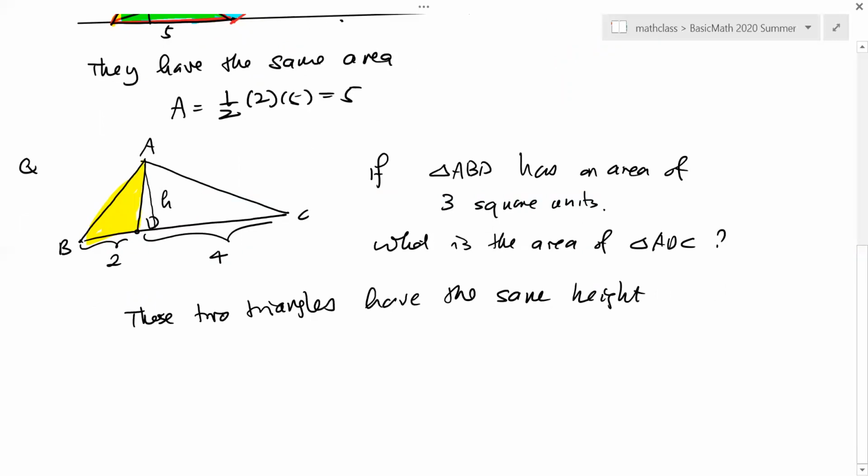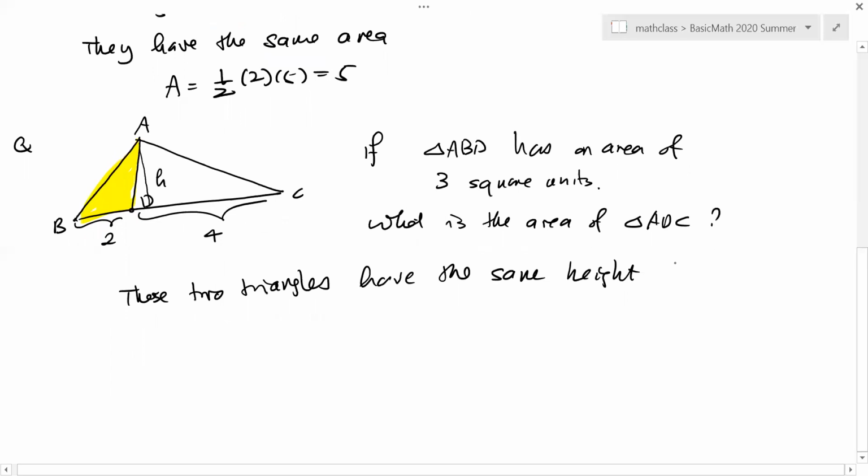If you figure out the height, you can get the area. So what is the height? You have to use the information about the area of the triangle on the left-hand side. They have the same height h, so let's find h.